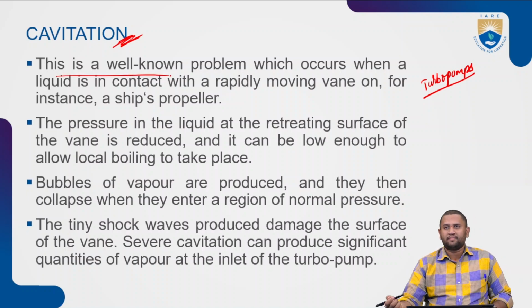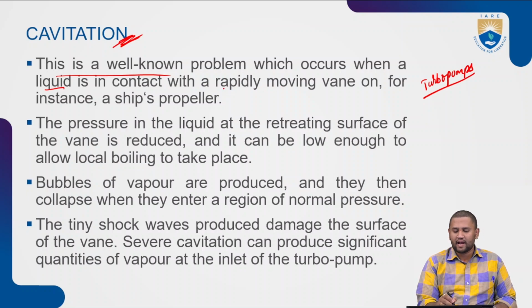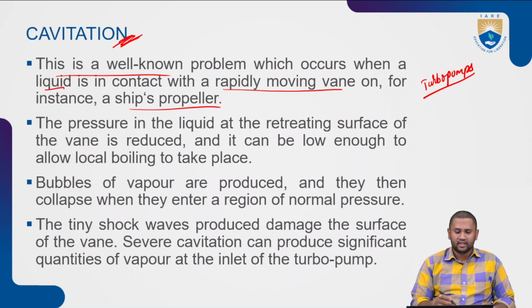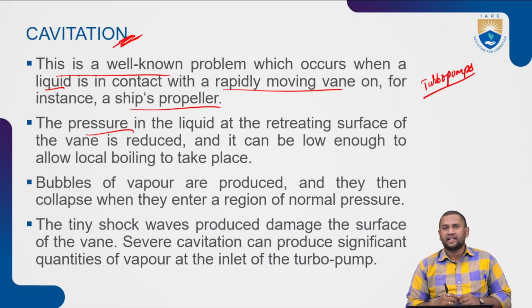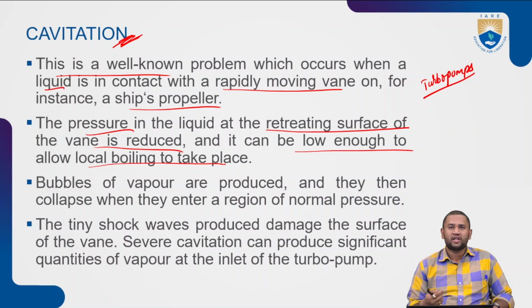It's a well-known problem that occurs for any liquid in contact with a rapidly moving vane, for instance a ship propeller. What happens during this? The pressure in the liquid at the retreating surface of the vane is reduced and can be low enough to allow local boiling to take place.